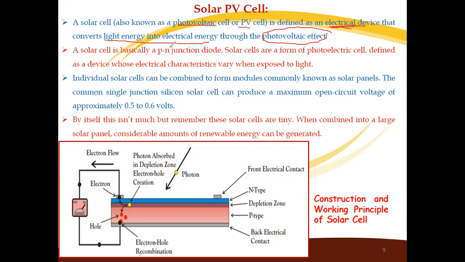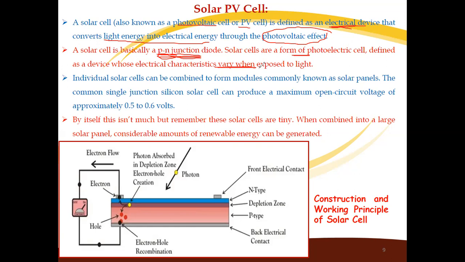A solar cell is basically a PN junction diode. So a solar cell or PV cell is a PN junction diode. Solar cells are a form of photovoltaic cell or photoelectric cell, which is a device whose electrical characteristics vary when we expose the cell to light.